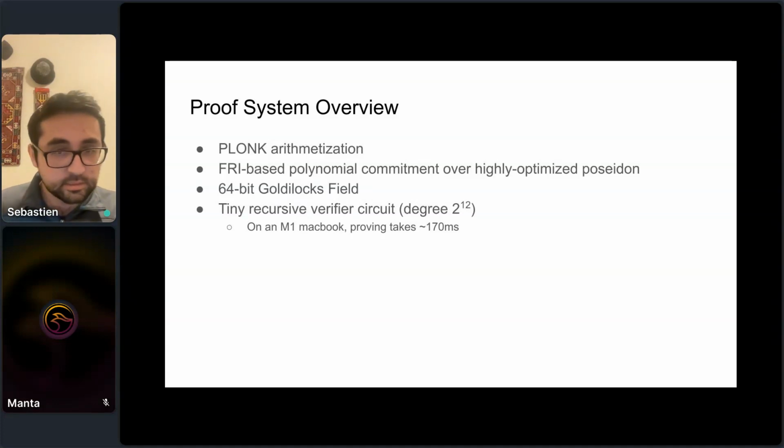That means it's transparent. Now, performance-wise, it gets its performance from using a small field, a 64-bit field called Goldilocks, which is small enough to fit in a single CPU register. And the multiplications are much, much faster, 40 times faster, because they're much more friendly to modern hardware.